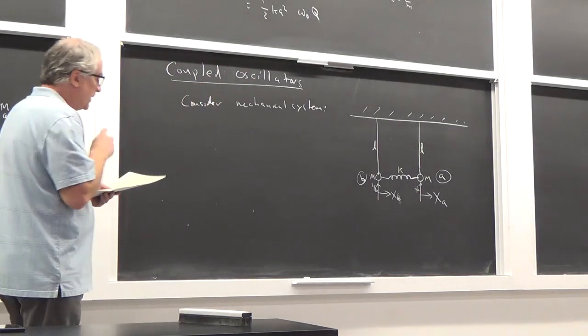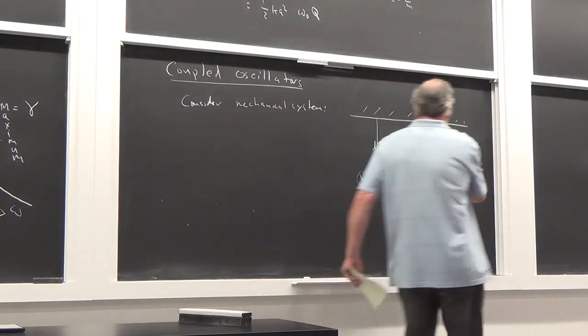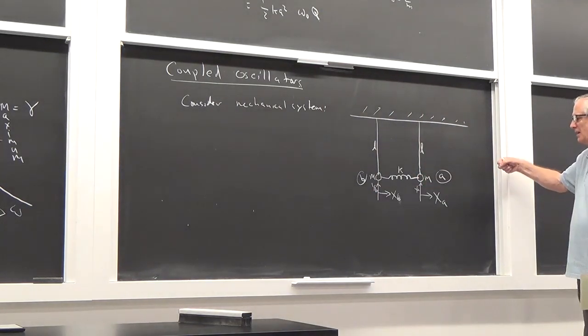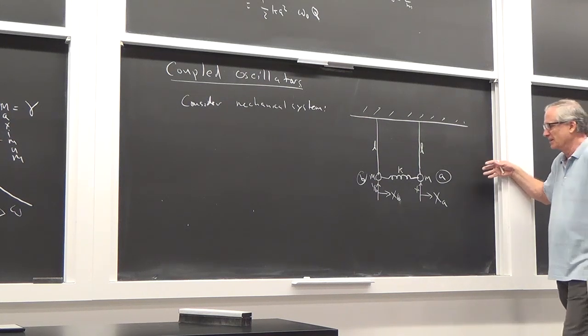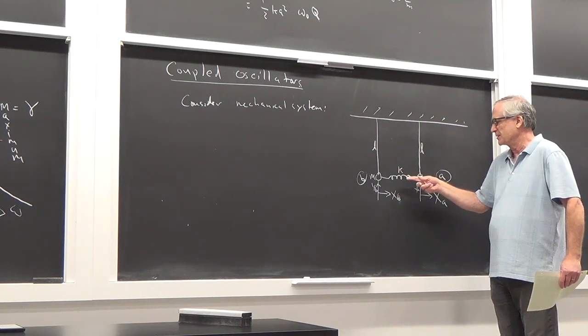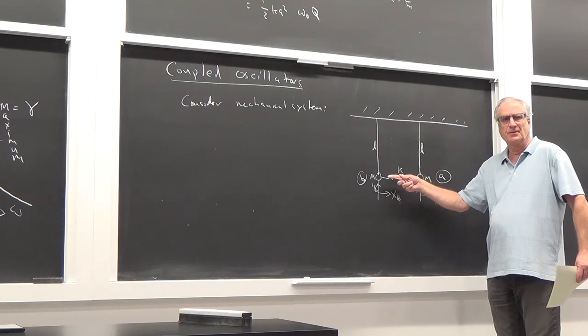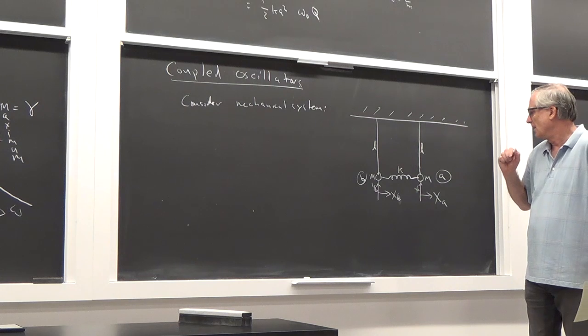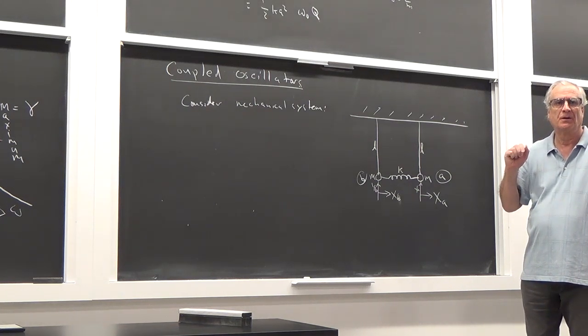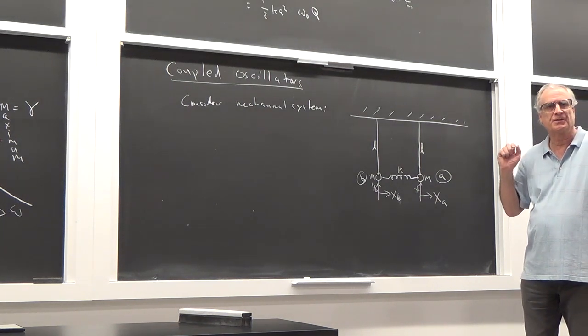So if I take mass A, pull it out here, and let go, with B initially at rest, we can probably guess that A will push on this spring. I'm assuming they're the same mass here. We could analyze with different masses.